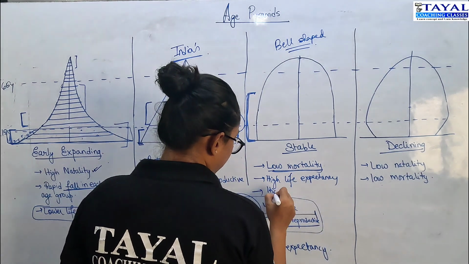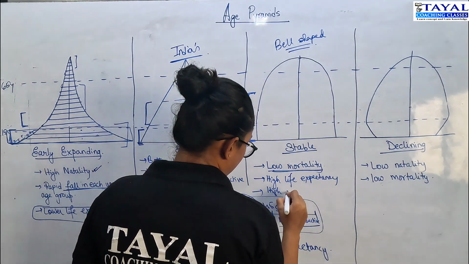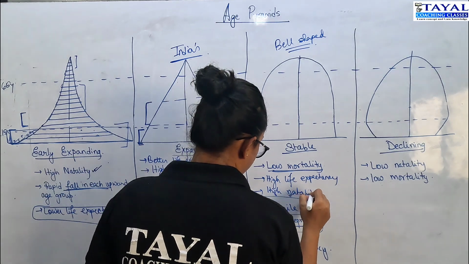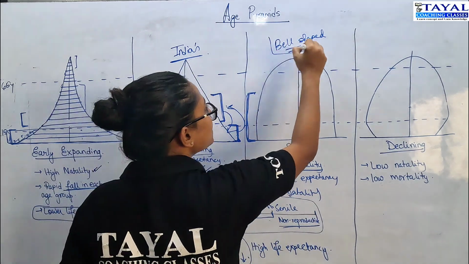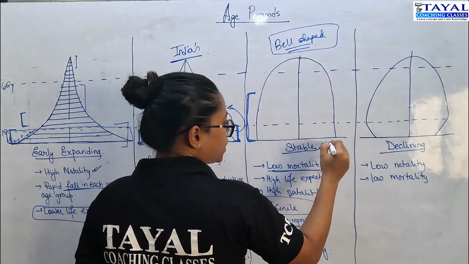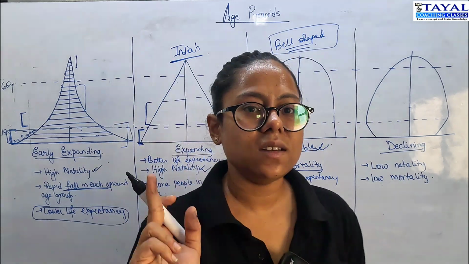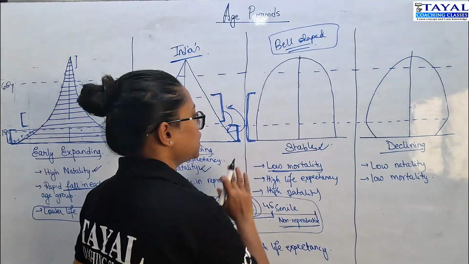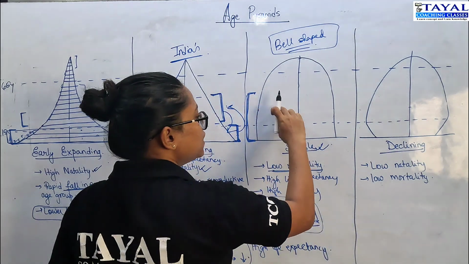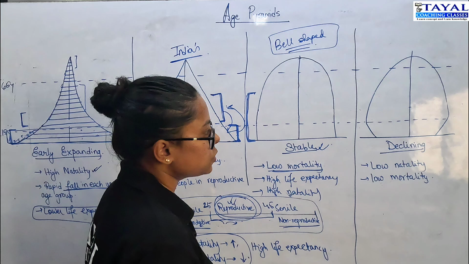It has high birth rate, that is high natality, and it has the maximum number of reproductive people. So this is a stable population, a population which will maintain its numbers until there is a cataclysmic event. This is called a stable population.